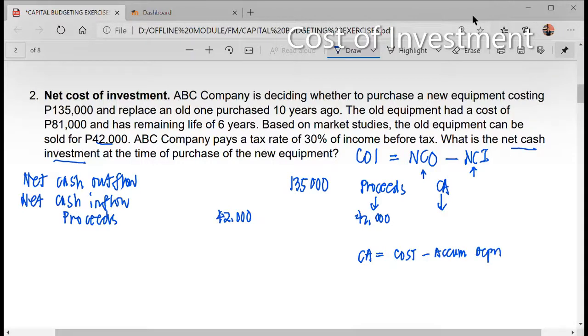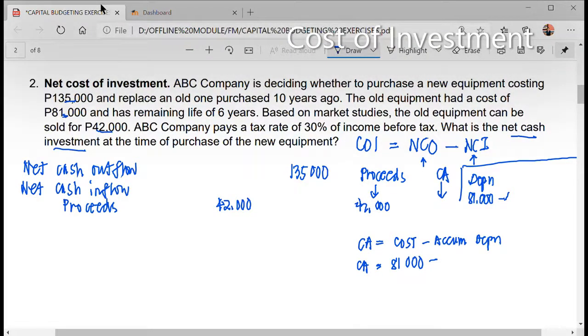What is the cost of our equipment? So 81,000 minus the accumulated depreciation. It was purchased 10 years ago and the remaining life is 6 years. So therefore, our total life here is 6 plus 10. It was purchased 10 years ago, and the 6 years is the remaining life.